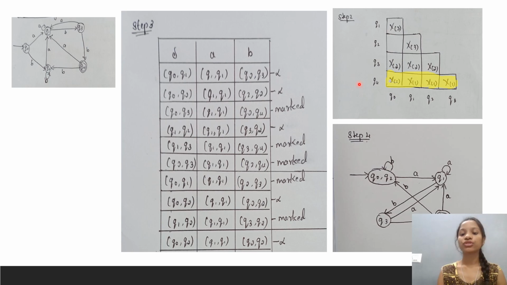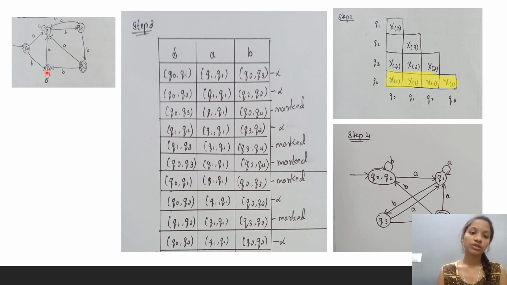Now we check the unmarked state pairs and compare them, starting with Q0, Q1. For Q0 upon A, it goes to Q1, so we'll write Q1 here. And Q1 upon A is self-looped, so again here it will be Q1.